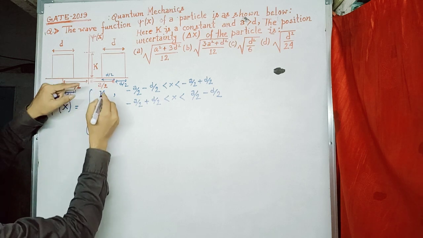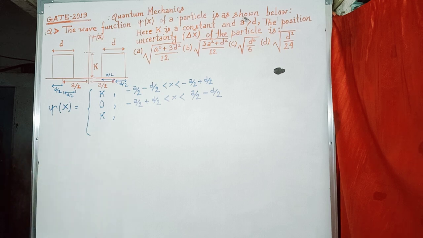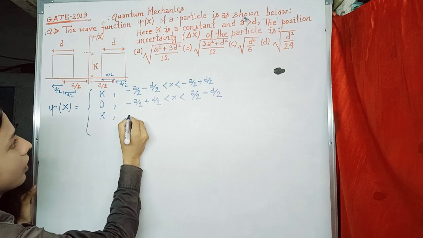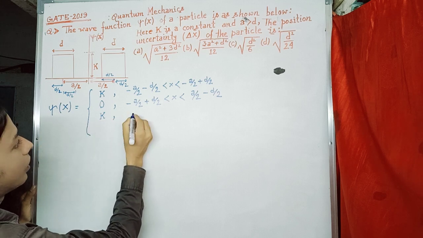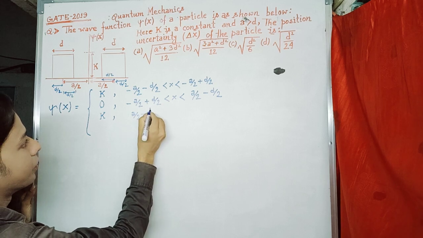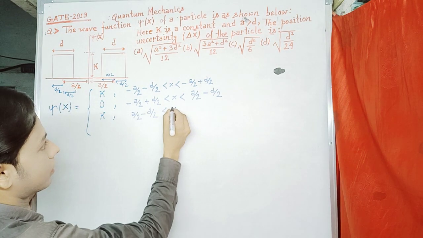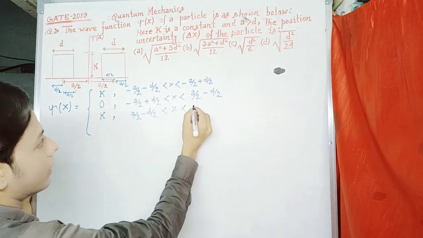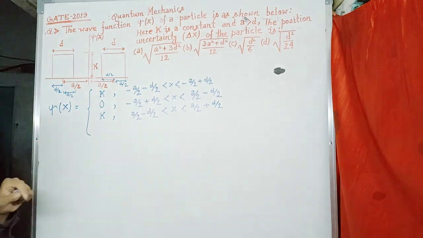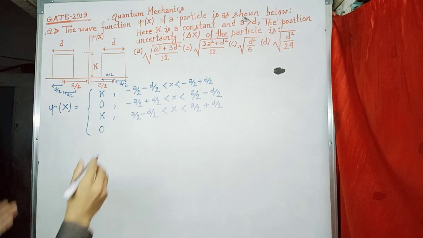because this is 0 in this region, from this to this region. And after that the value of psi of x will again be equal to k, and for this k its range will be a divided by 2 minus d divided by 2 less than x less than a divided by 2 plus d divided by 2, and it will again be 0 beyond its left side and beyond its right side.